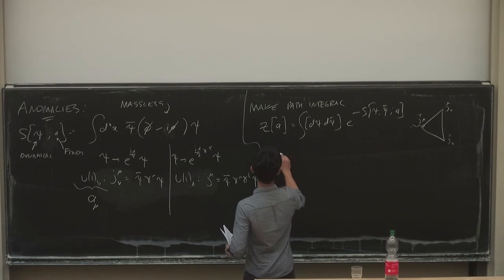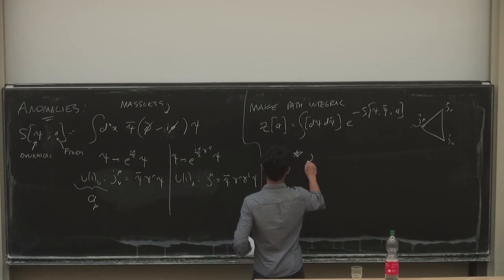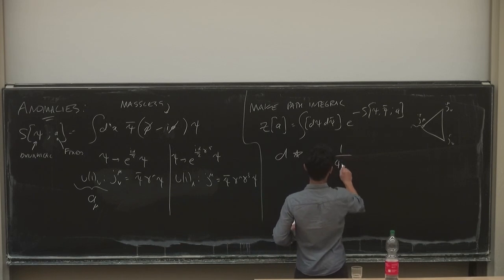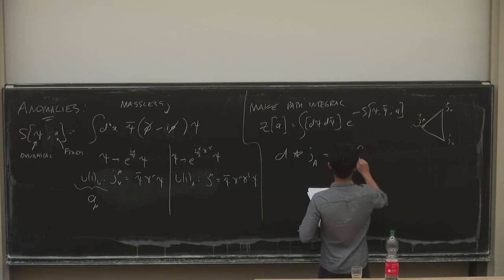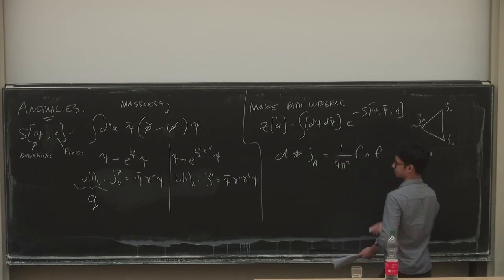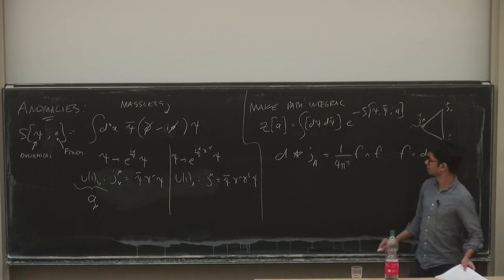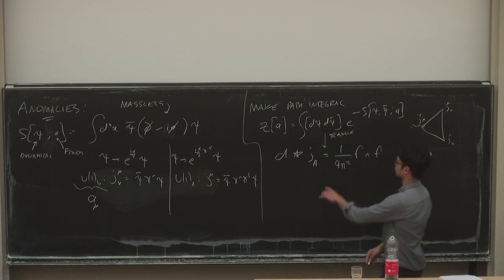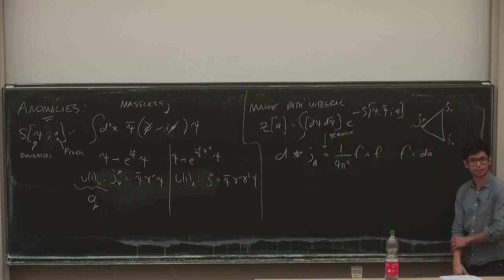In particular, in the quantum theory, d star J axial equals 1 over 4 pi squared f wedge f, where little f equals d of little a. So this is the triangle anomaly. You compute this diagram and you get this.